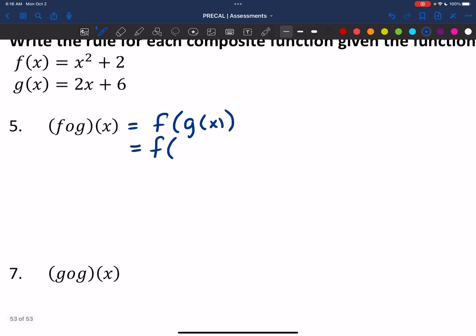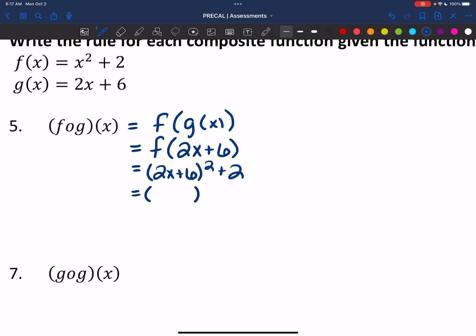What is that expression? It is the g expression rule here of 2x plus 6. So I take my f function, which is this quantity squared plus 2, and let that quantity, instead of just being x, be 2x plus 6.